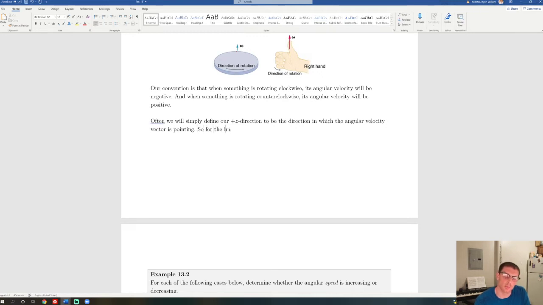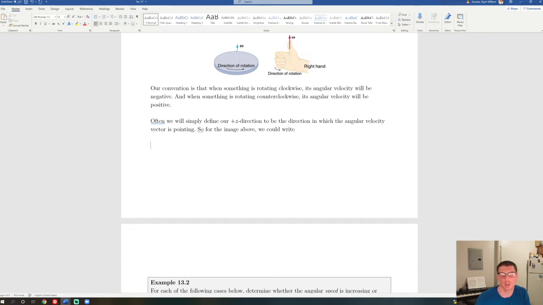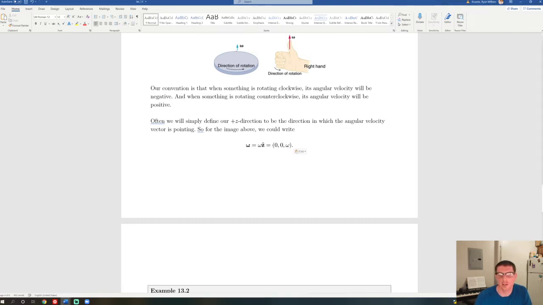So for the image above, we could write, I'm going to copy and paste this from my notes here, it's just a rehash of basically how we can write vectors. Here I'm saying it's just the magnitude of omega times z hat, so we've specified that it points up.